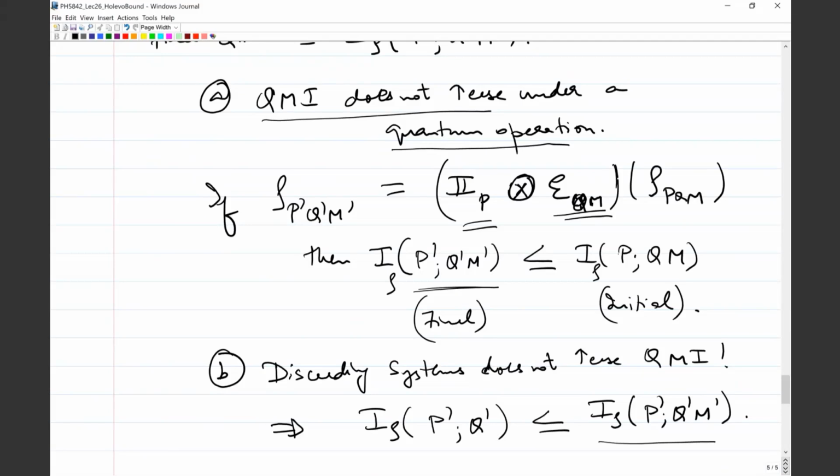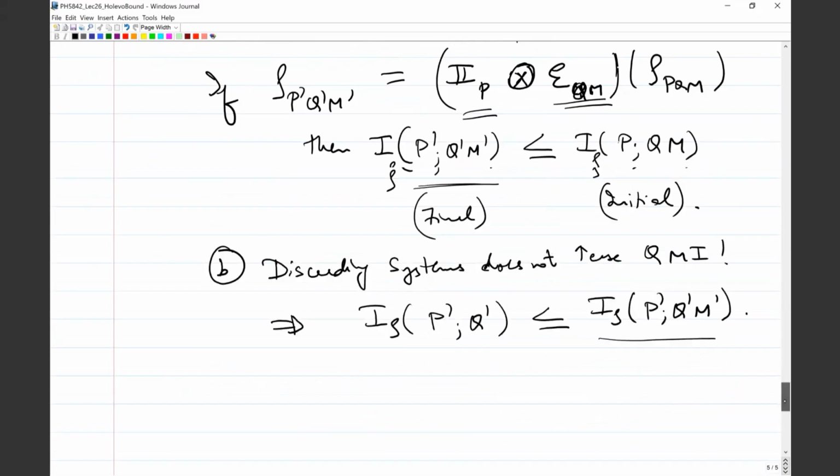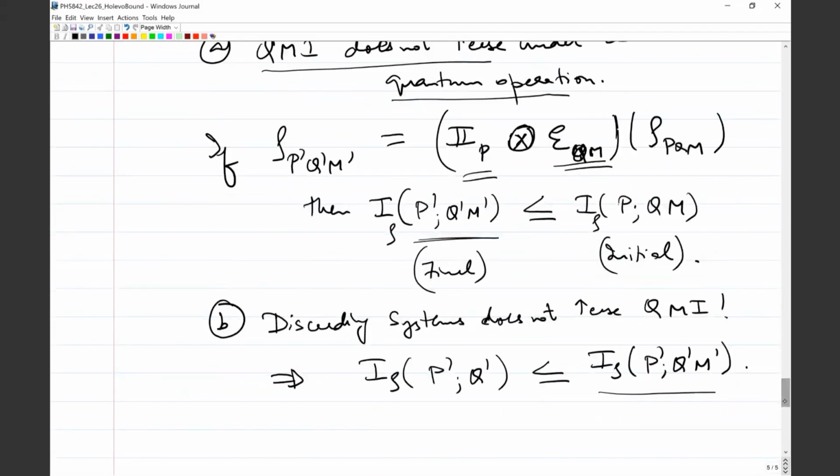So then obviously the amount of mutual information you can share jointly with Q prime and M prime will be greater than the amount of mutual information you can share with just P prime, right? So discarding a system cannot increase the mutual information. It can only decrease the quantum mutual information. Okay. Yeah, we're going to show both of them right now. Okay. That's the next 10 minutes. Hopefully we'll complete this today. Okay.